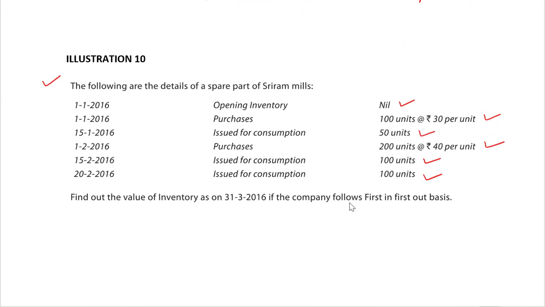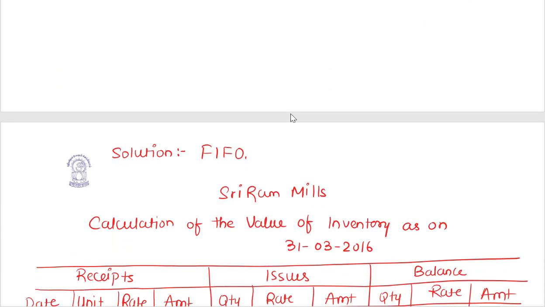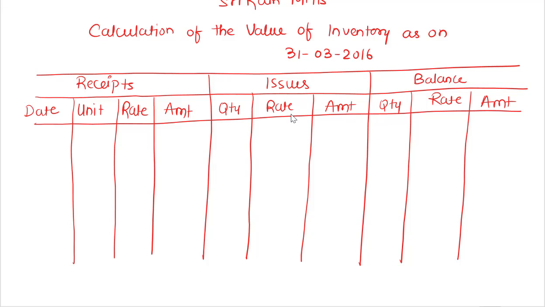Let us begin from 1st January 2016. Opening inventory is nil. So we will write over here January 1st, 2016. Unit is 0. So balance over here is 0.